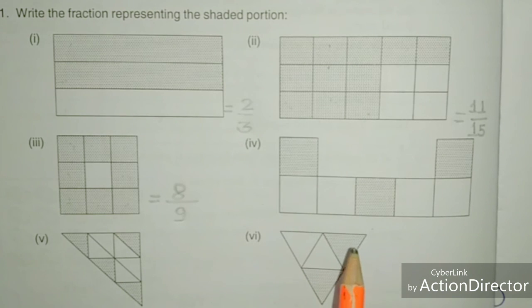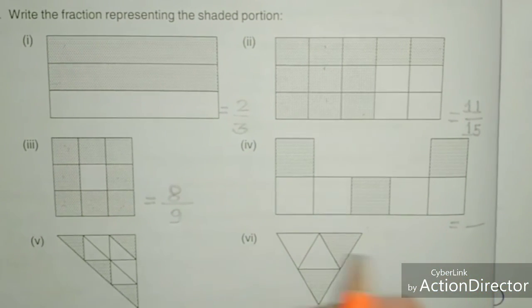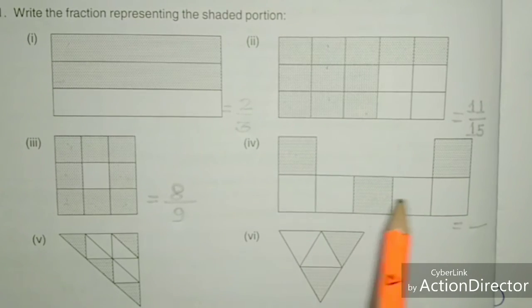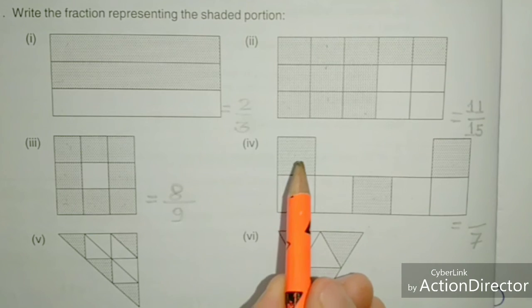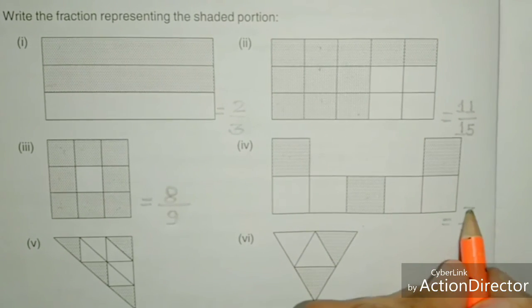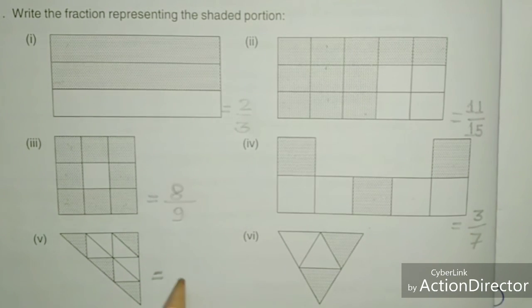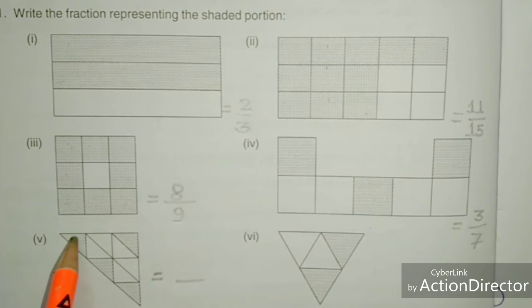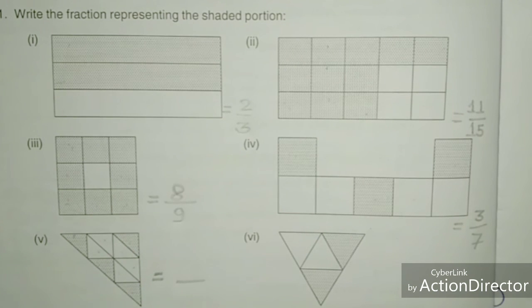In the fourth example, the total number of equal parts is 1, 2, 3, 4, 5, 6, 7. Total equal parts 7. Total shaded parts 1, 2, 3. So the fraction form of this figure is 3 upon 7. Now in this figure, the total number of equal parts is 1, 2, 3, 4, 5, 6, 7, 8, 9.